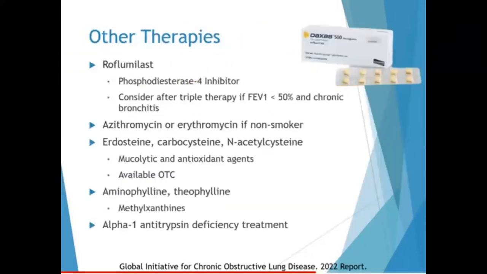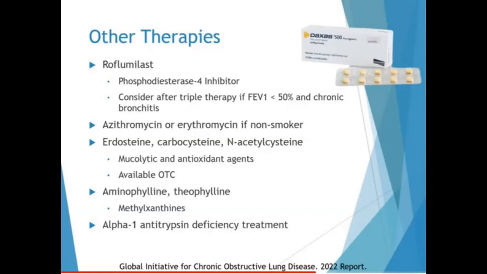We also use other therapies like roflumilast. Roflumilast is a phosphodiesterase 4 inhibitor. At the level of the smooth muscle cell, it inhibits the breakdown of cyclic AMP. Cyclic AMP activates protein kinase A, which in turn inhibits the myosin light-chain kinase at the level of the smooth muscle to cause its relaxation.